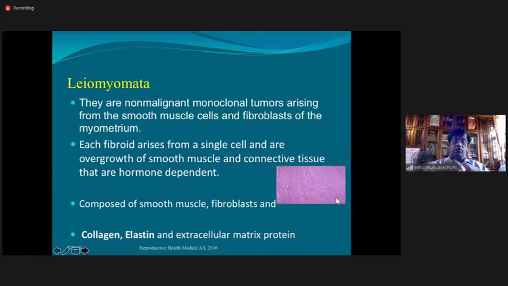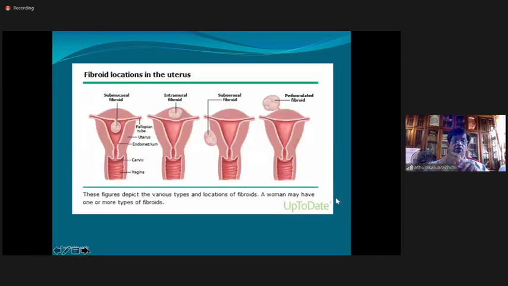Now, when you have a uterus, the fibroids can be located in different places.